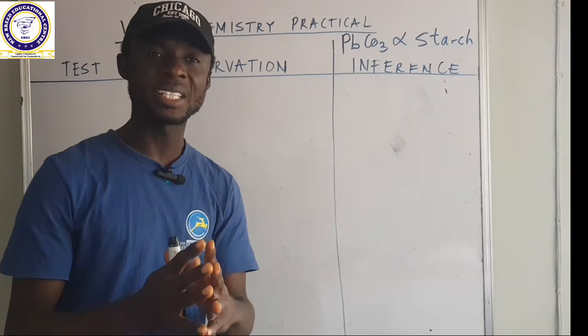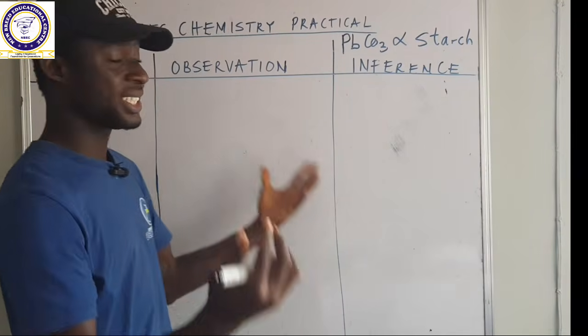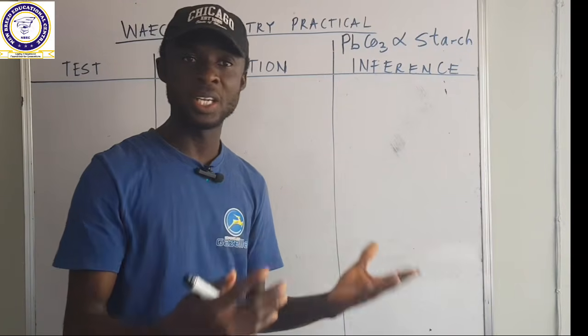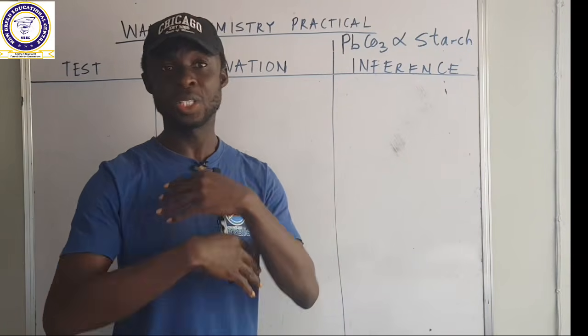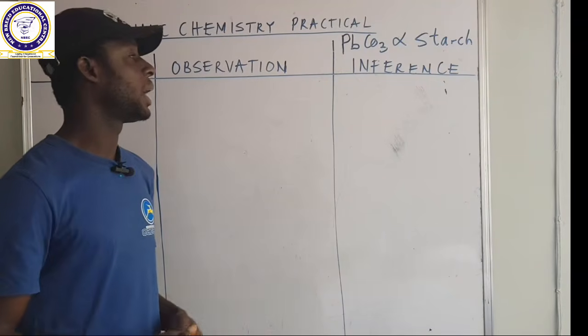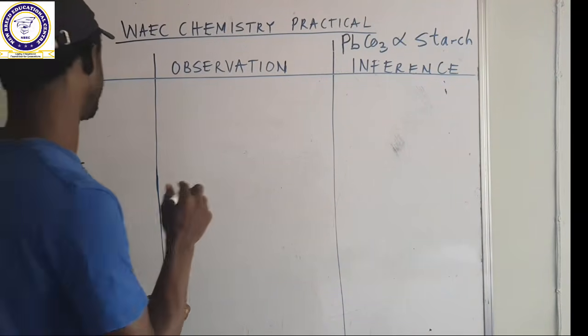You can name your sample, maybe sample A, sample B, sample C. In your exam also, they are going to give your sample a name. For the purpose of this class, let's call our sample C.